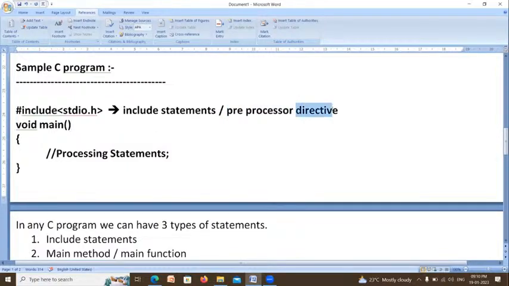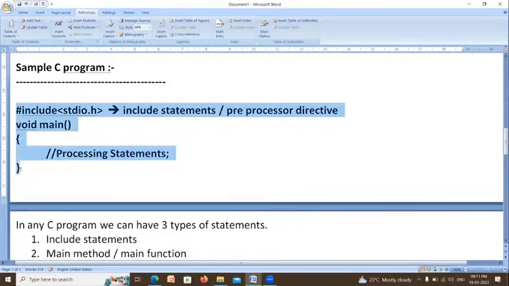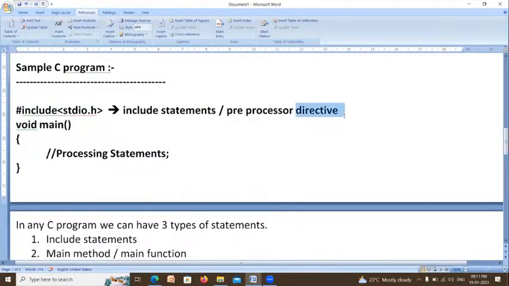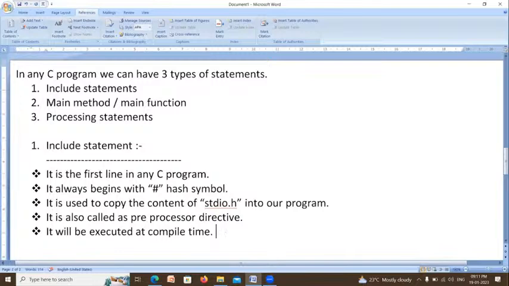Now what is the meaning of directive? Directive means it gives direction to the compiler. What is the compiler? Compiler is software which converts your program into a machine-understandable program. So it gives direction to the compiler, and that is why it is called a directive.